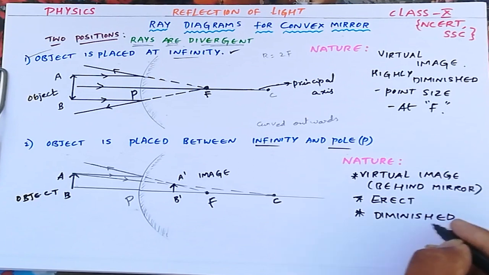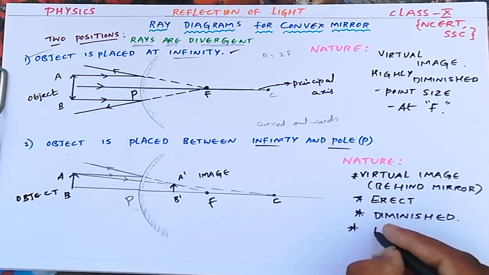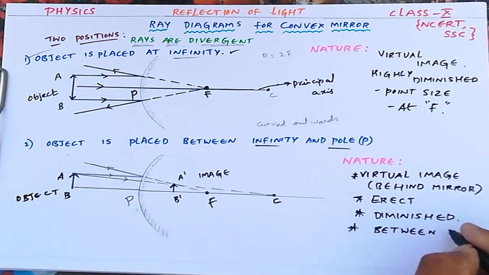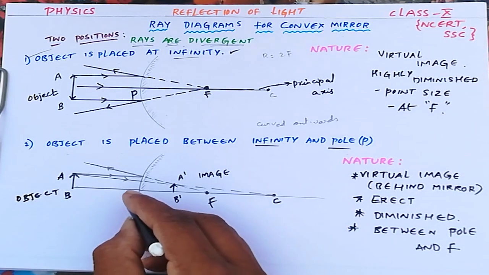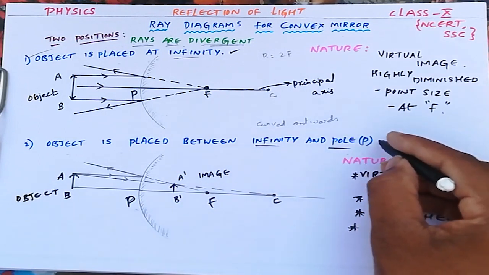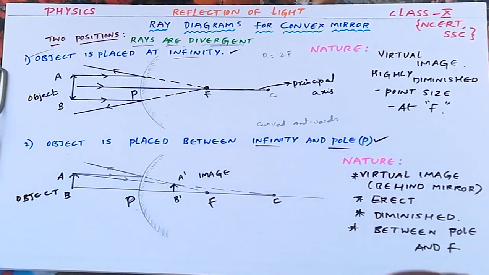You can observe clearly the size of the object and image is somewhat diminished. And the image formation is between pole and F. This is the explanation. I hope you understood.